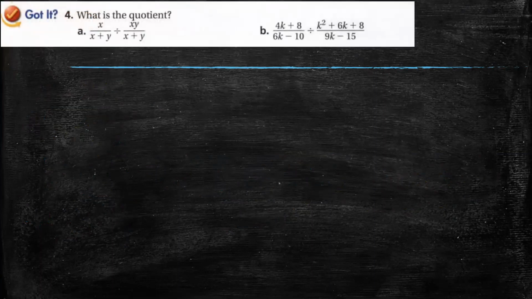Let's do another example now. What is the quotient here? Here I have to divide also. x over x plus y divided by xy over x plus y.